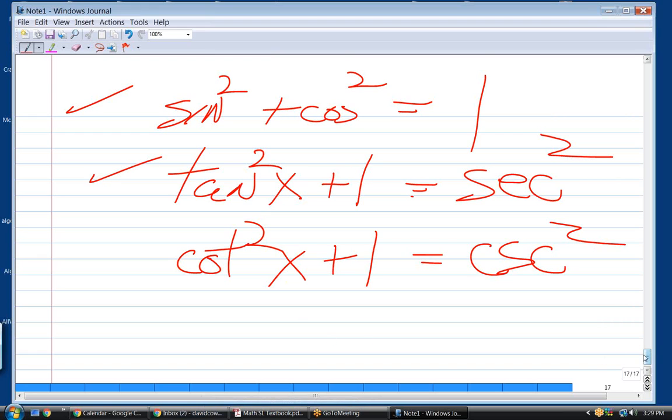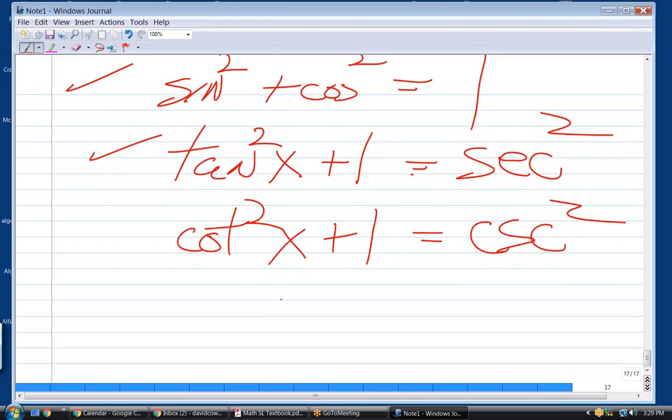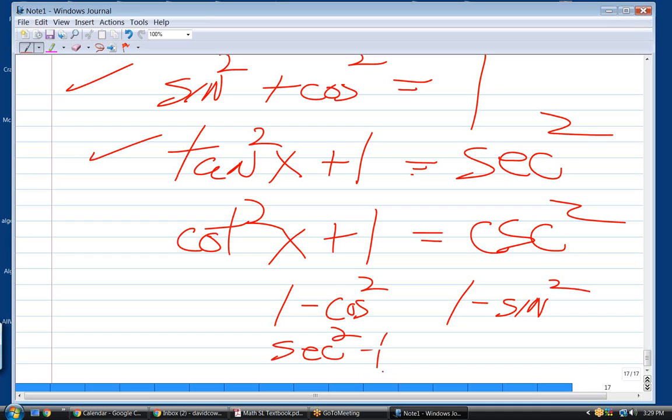So here's what you're looking for. You're looking for stuff that looks like this, or looks like this, or looks like this, or looks like this.